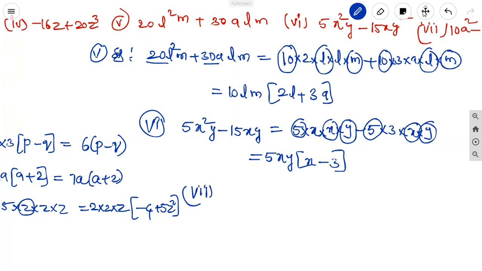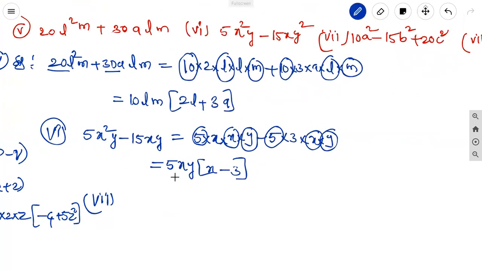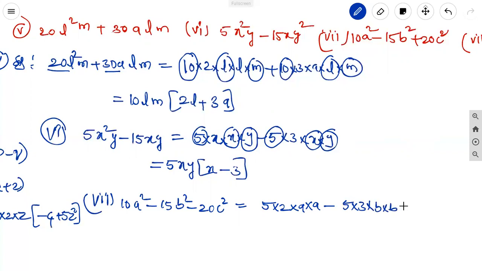Seventh one, 10a square minus 15b square minus 20c square. 10 means 5 2s are 10, a square means a into a, minus 15 means 5 3s are 15, b into b. 20 means 5 4s are 20, c into c.